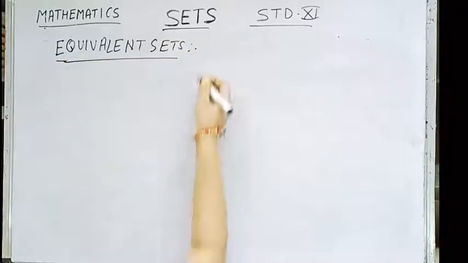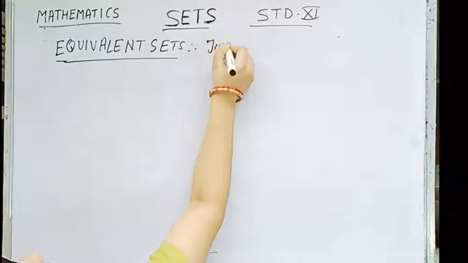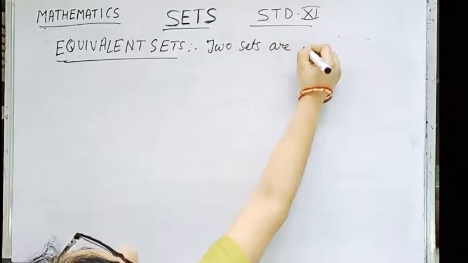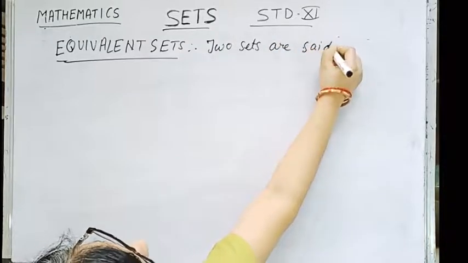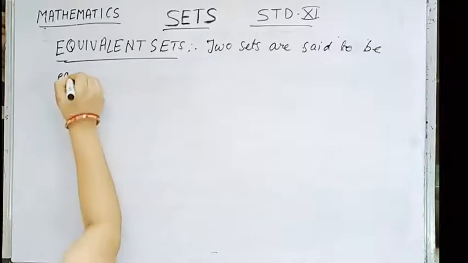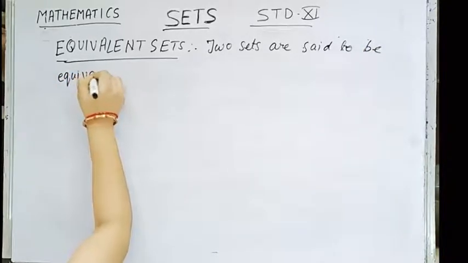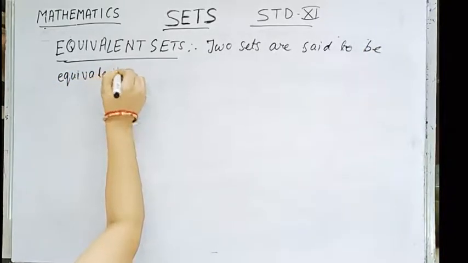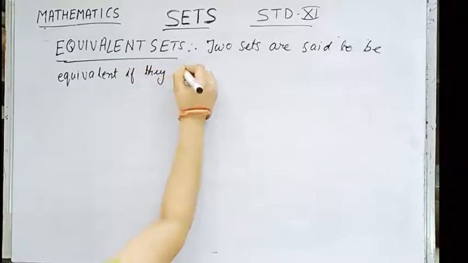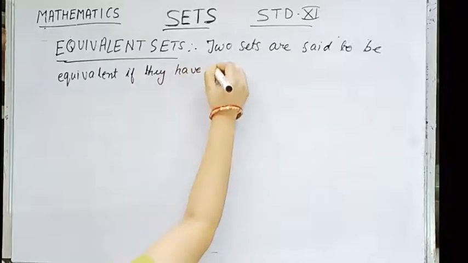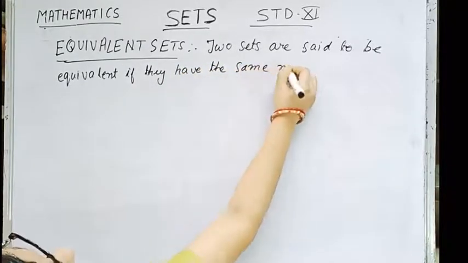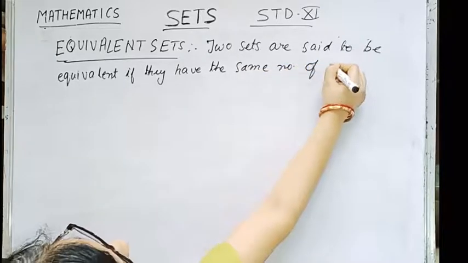Equivalent sets. Two sets are said to be equivalent if they have the same number of elements.